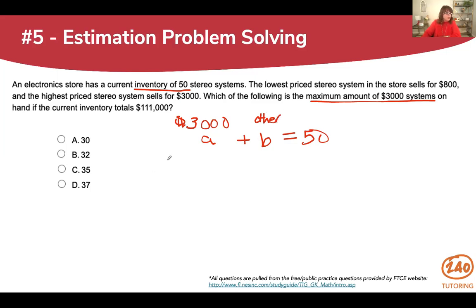I'm going to set up an equation where A, the number of $3,000 systems, times 3,000, and this is difficult to write with a mouse, so I hope you're following me, plus the number of the other stereo systems, so that's B, times the smallest amount we have to work with, times 800, that's the smallest we can work with, and that is going to have to equal 111,000. So there's the equation.